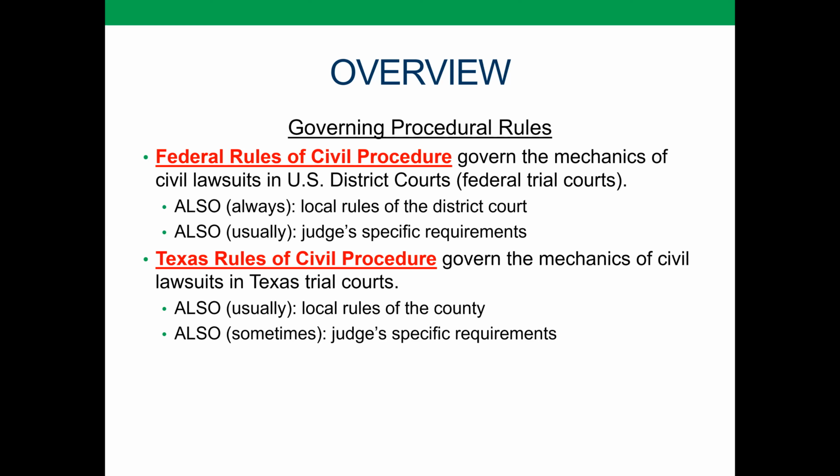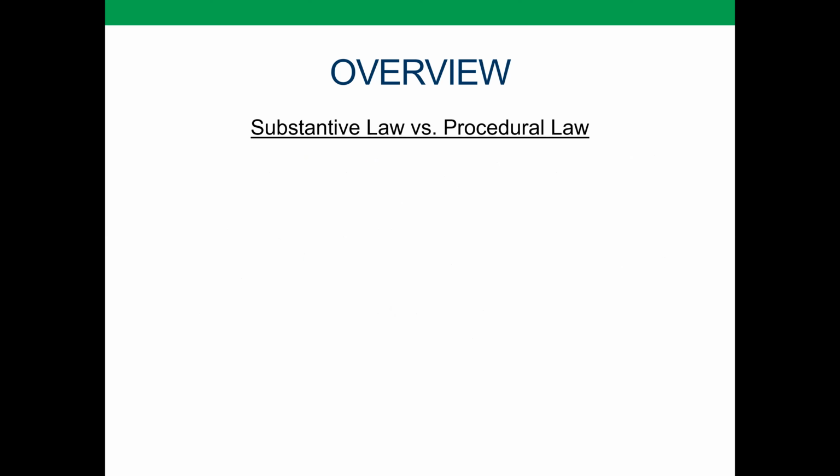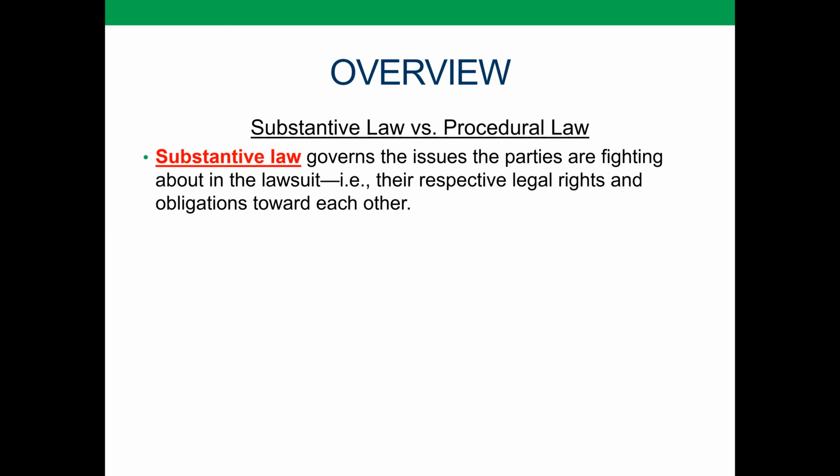And in Texas, you may have some judges that have their own requirements for those cases that are filed in their courts. So again, you have three categories of rules, or at least potential requirements here, that you'll need to check for every civil trial court case that you're working on to make sure you have the full picture of all of the governing procedural rules.